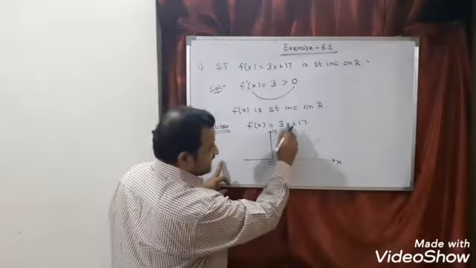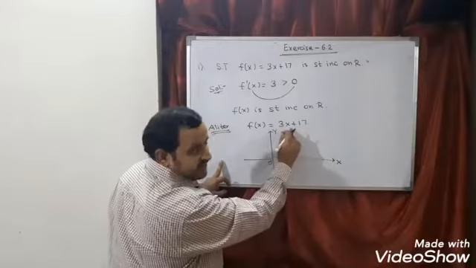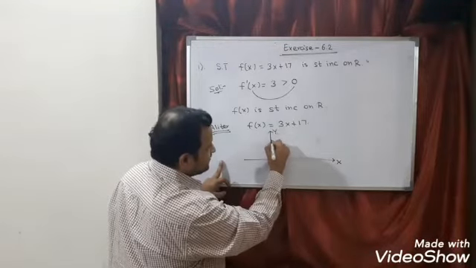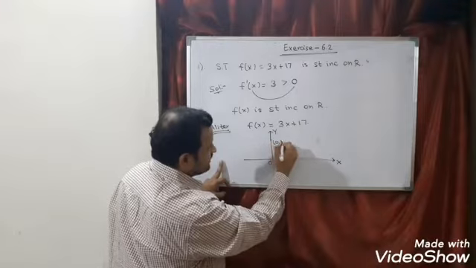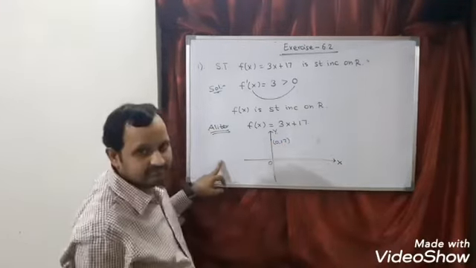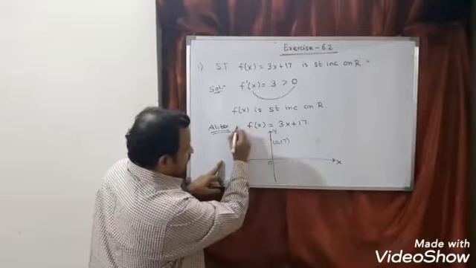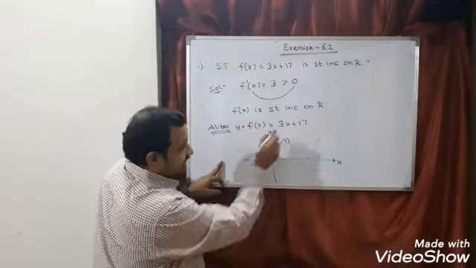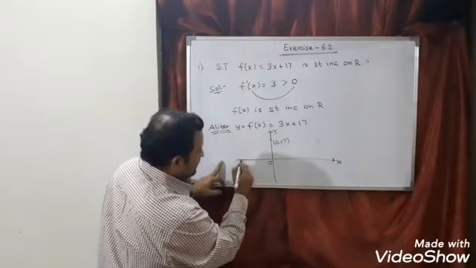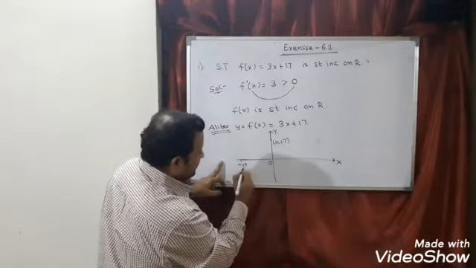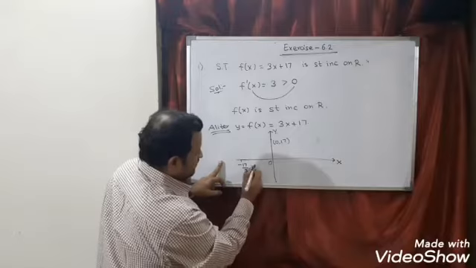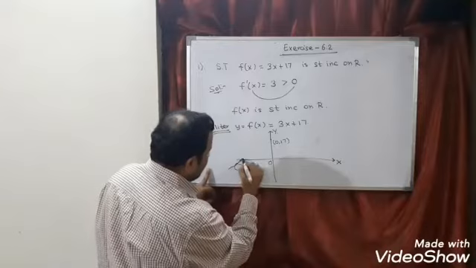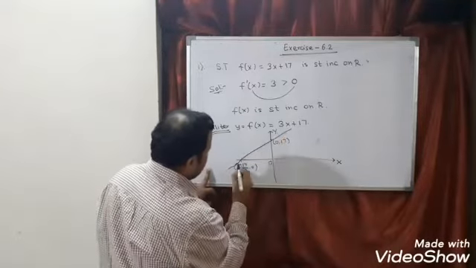Now when x is 0, y is 17. So this point is 0, 17. When y is 0, what is the x value? The x value is minus 17 by 3. And we know that it is a straight line. So I am joining these points.